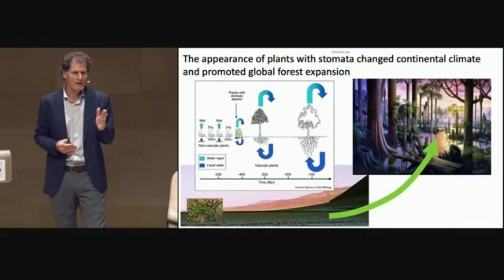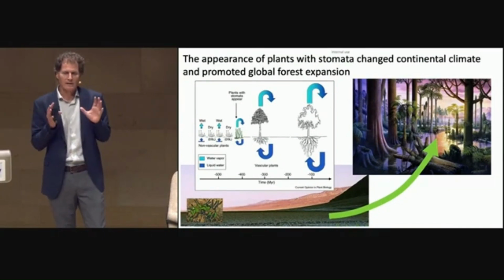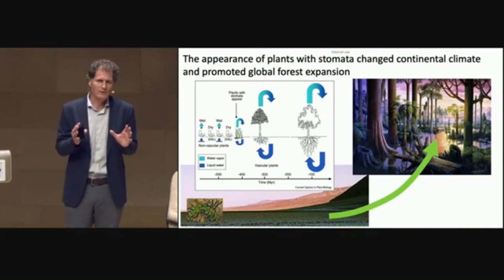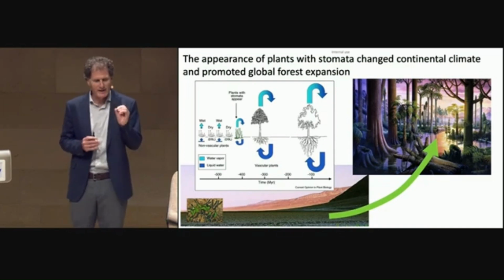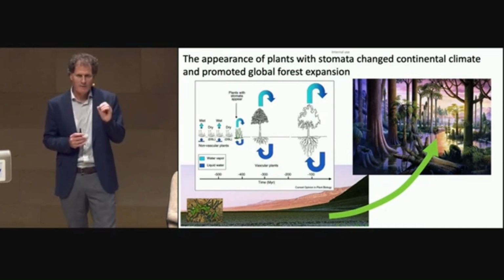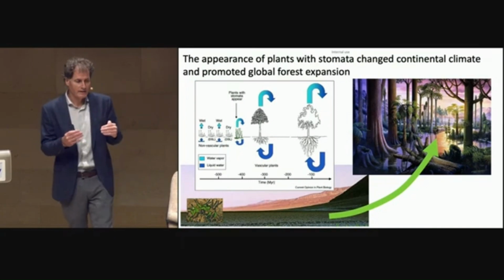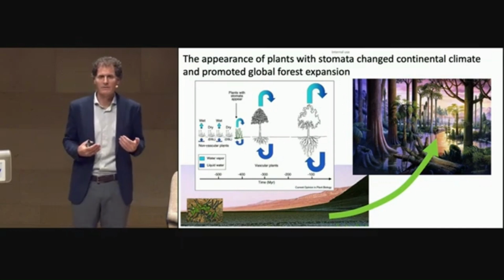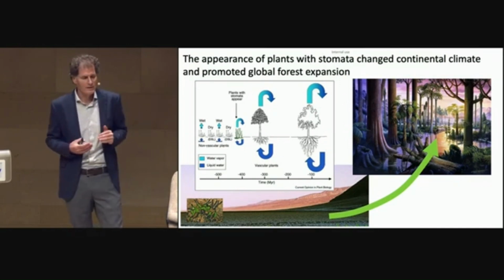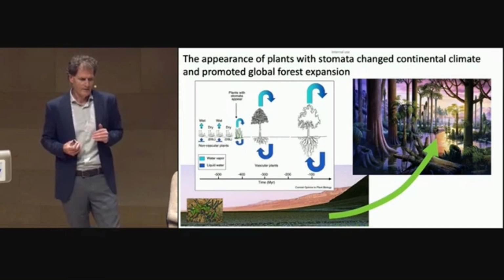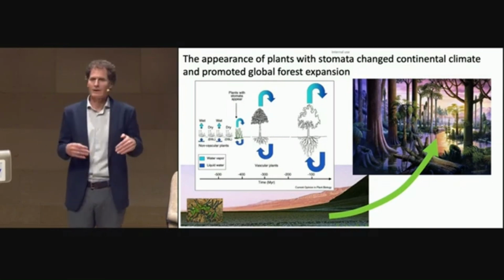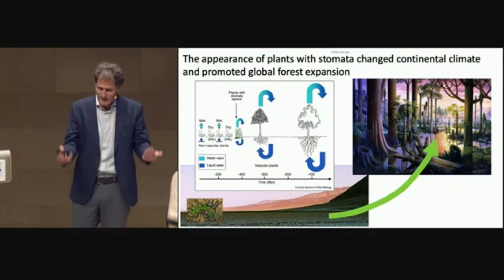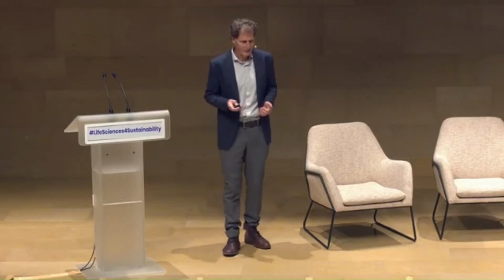But as soon as stomates appeared 400 million years ago, they gained control over their water resource, and they became very efficient at maximizing carbon gain for the amount of water that they used. They were so good at that that it drove the evolution and appearance of global forests post-Devonian and into the Carboniferous. And in fact, it was mentioned yesterday that they were a little too good at this, because they sucked so much carbon from the atmosphere that they cooled the climate, and that had some downsides as well.